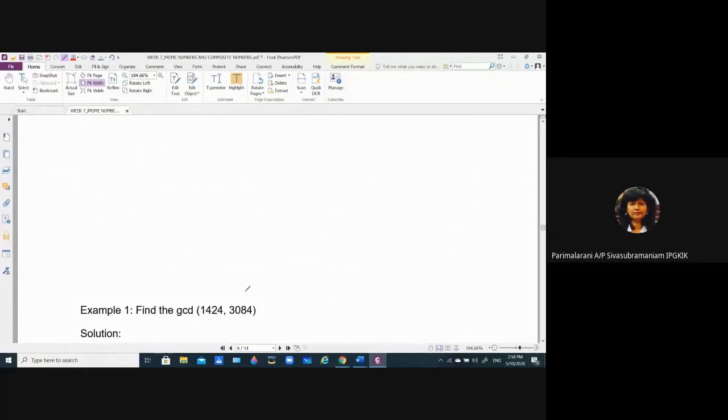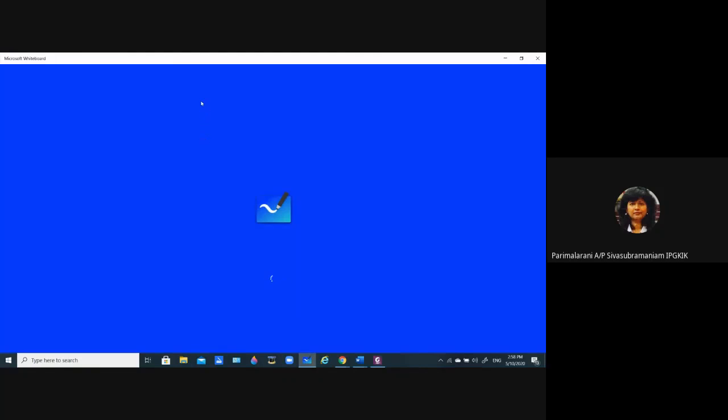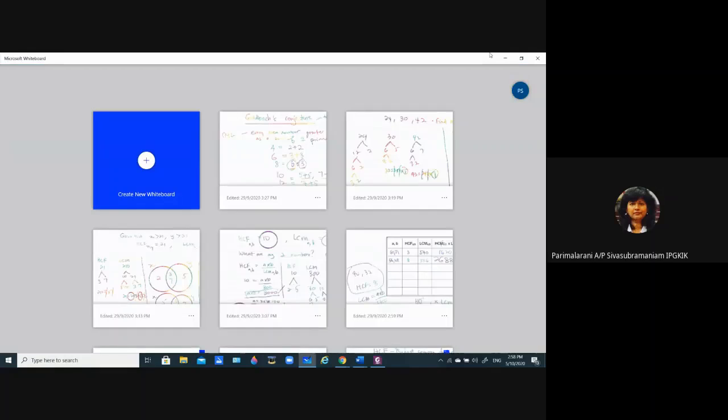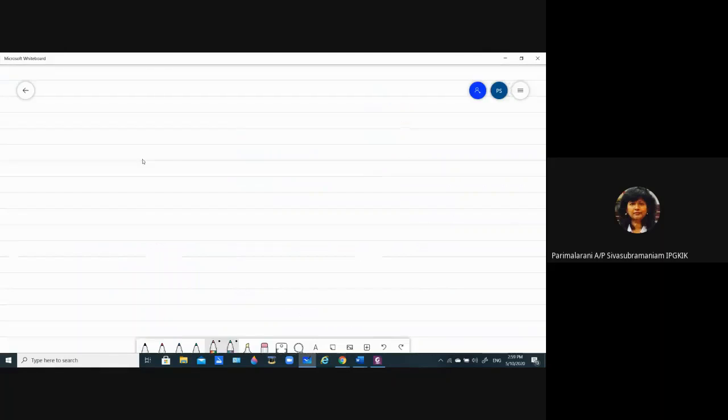Okay, so let's look at example 1. Find the GCD, greatest common divisor, of 12 and 30.